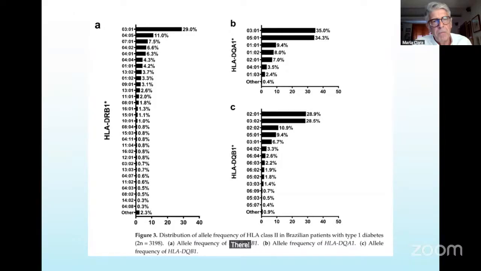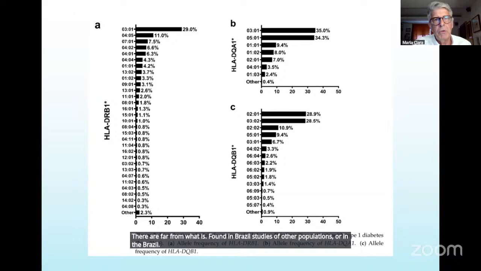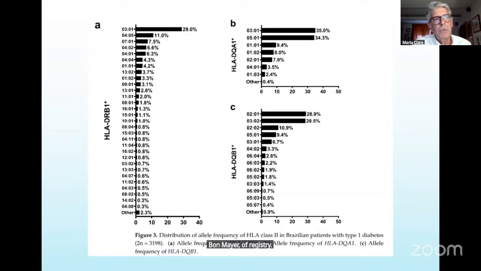They are far from what is found in Brazilian studies of other populations, or in the Brazilian bone marrow registry, and also for DRB1*04:05, and there is also association with DQA1*03:01 and 05:01, with much more important figures than in the Brazilian population studies.